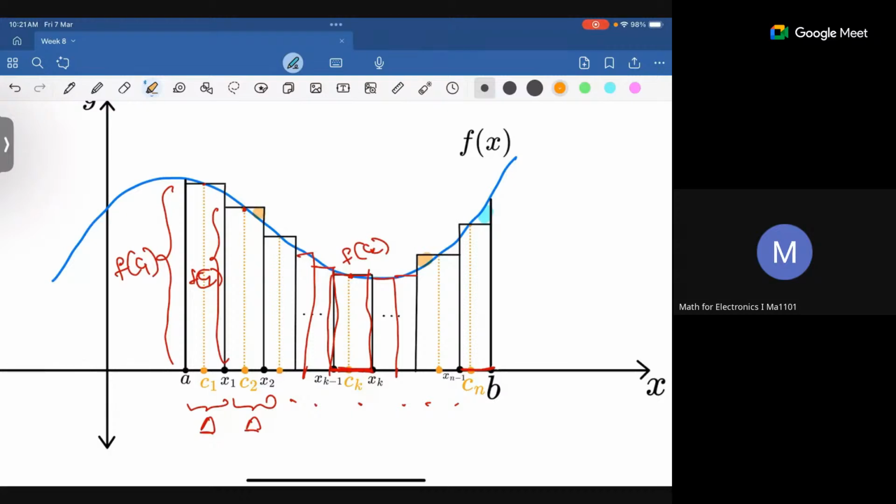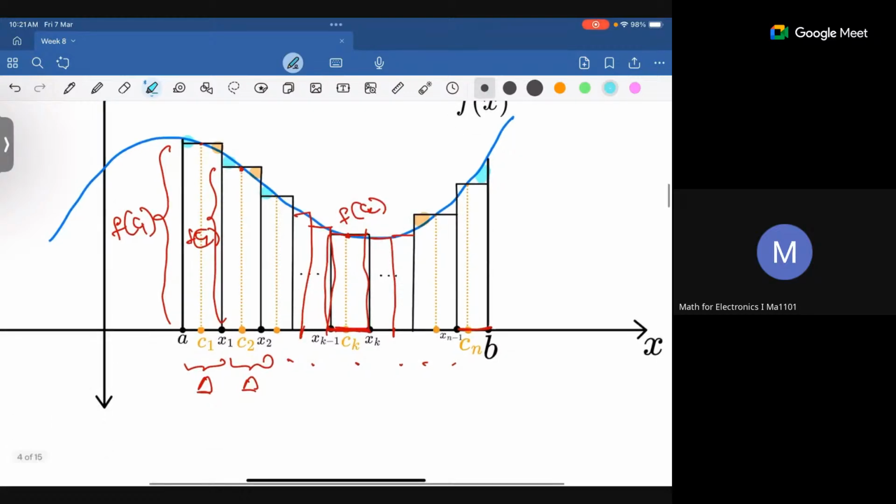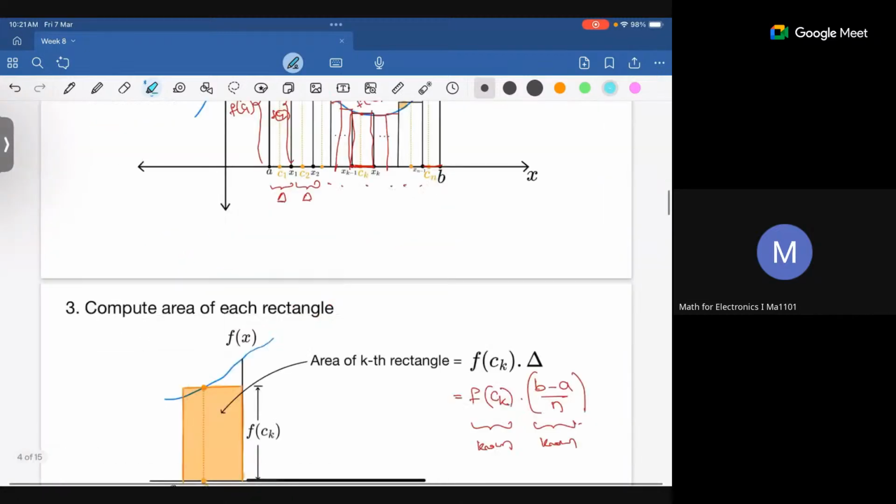So sometimes some extra area will be computed, and sometimes an area that has to be computed will be left out. Therefore, this will not be the exact area, whereas this will be the approximate area.